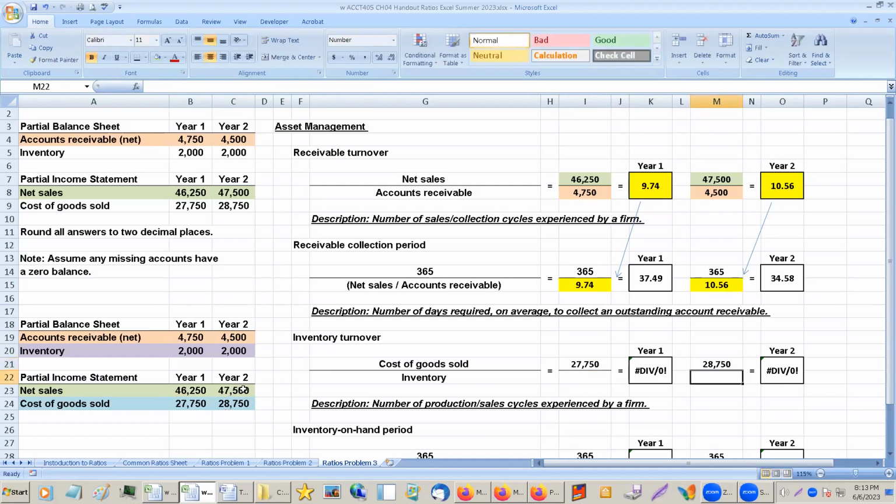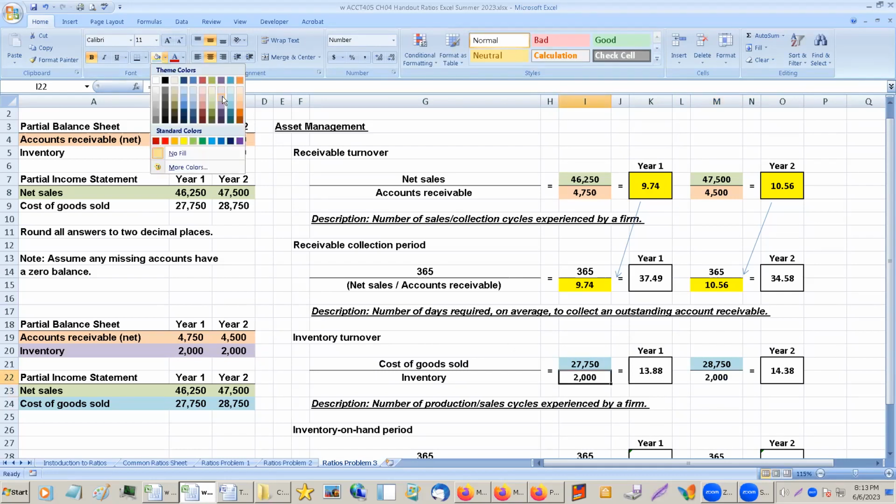Baking a cake, go get cost of goods sold, okay. Divided by inventory. Not sure why I made those both the same, but maybe they did that in the problem.